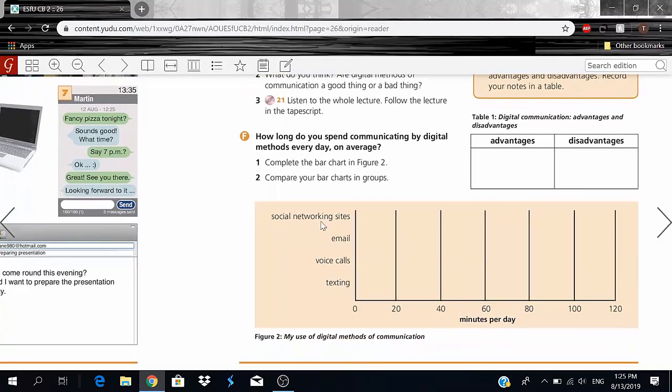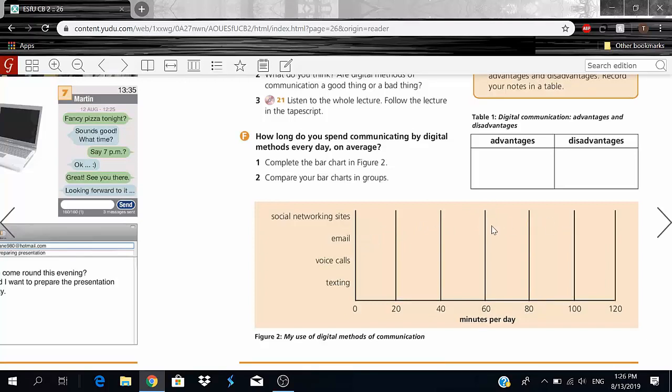Social networking sites. For me, on average, I spend about an hour every day on social media, so around 60, right here. I don't really use email that much, so around 10 minutes, around right here.